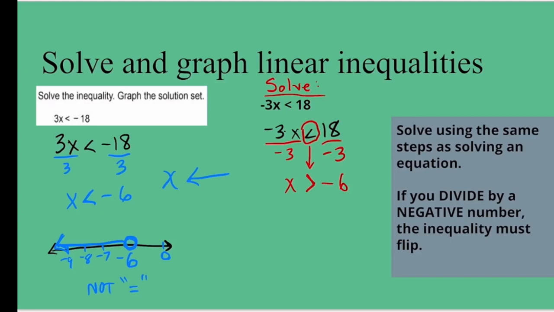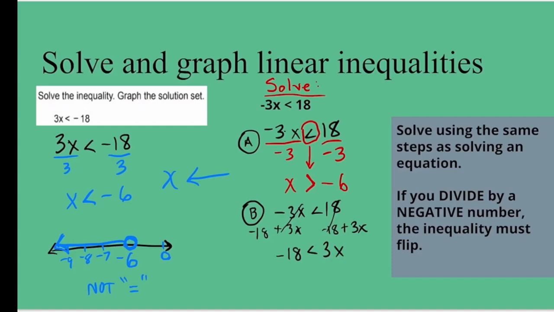For understanding purposes, let's say this is option A. Option B: if I were to take this inequality and move things around, if I added the 3x to the right side and I subtracted the 18 from both sides and moved it to the left, I can rearrange this and I would get negative 18 is less than 3x.